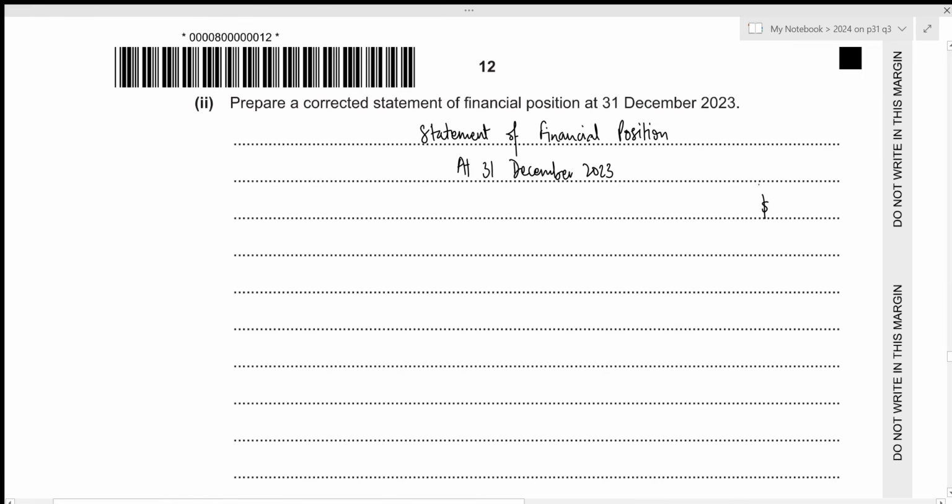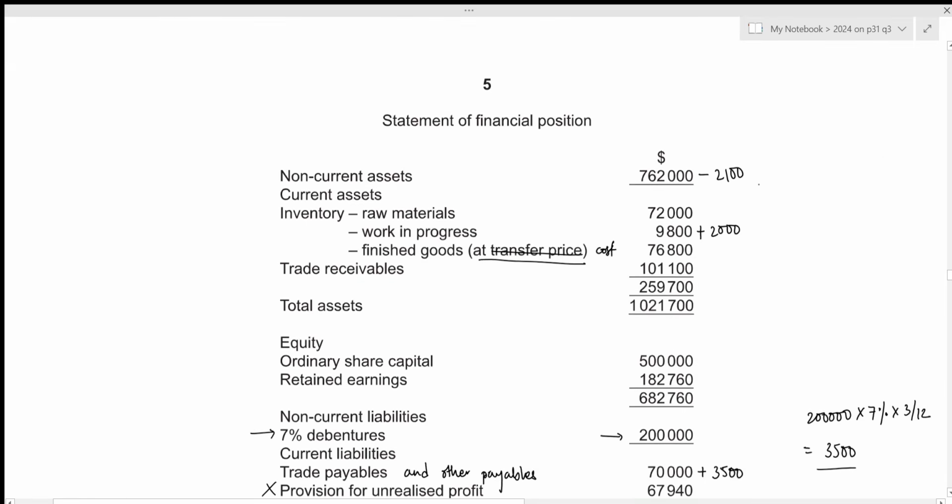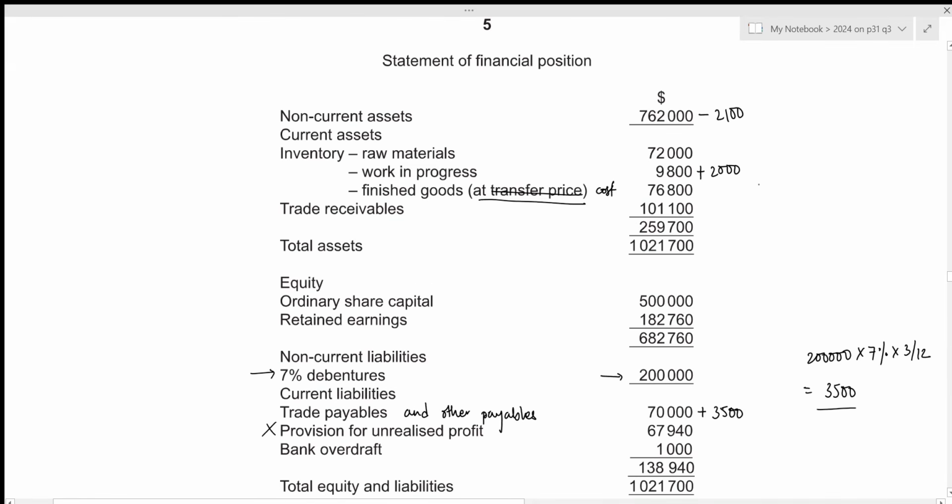And again, for the draft statement of financial position, we've already made adjustments. So we can just copy down the new amounts. For the non-current assets, after the impairment loss, the value for the non-current assets will be 762,000 minus 2,100, which is 759,900. Then the new value for the work in progress will be 9,800 plus 2,000, which is 11,800.